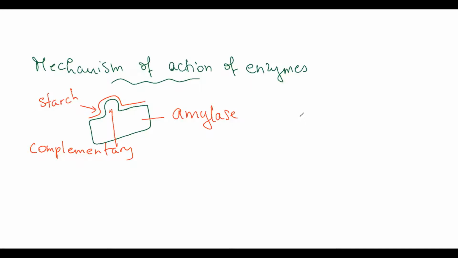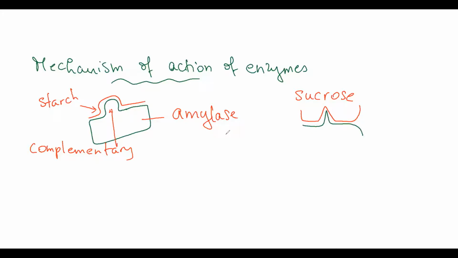But let's change the material of the substance, for example, sucrose. Sucrose looks like this, for example. Will I use an enzyme that looks rounded from here? No, I'm going to use a shape or an enzyme that has the opposite shape, complementary to it.